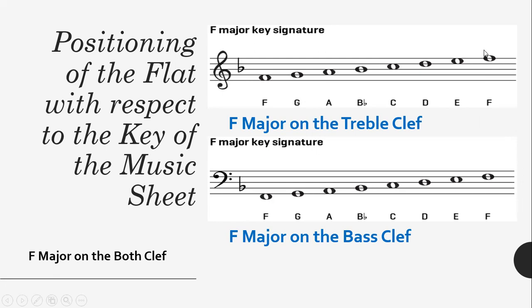Are you getting it? Yes, sir. If you have the imaginary line outside of it, then that G that we are talking about will be in the middle. That G is located on the imaginary space. And that space is immediately after the F.